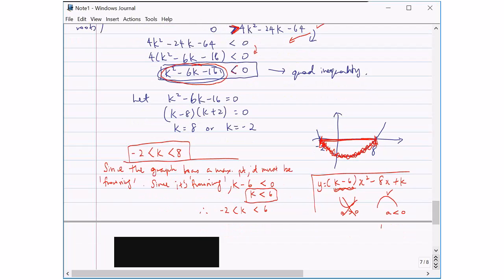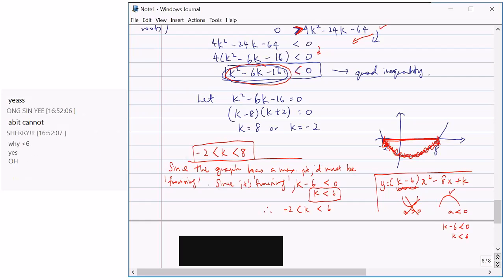So k minus 6 must be less than 0, and therefore k must be less than 6. So this question has an additional condition you must meet.